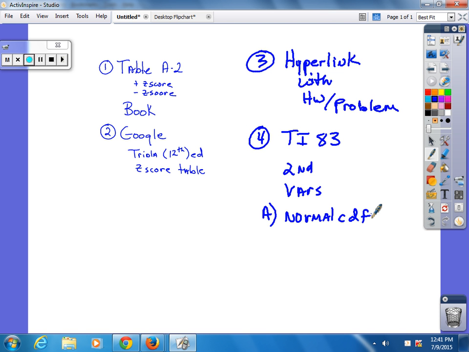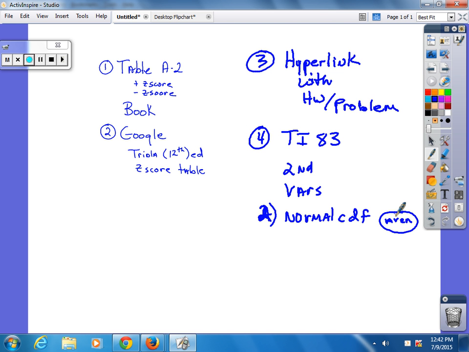Now, if you're trying to find the z-score, it's what? Or is it binomial? Okay, just making sure, because one is binomial and the other one is this, so you have to make sure. The other way is called inverse norm. Now that's to find the area.